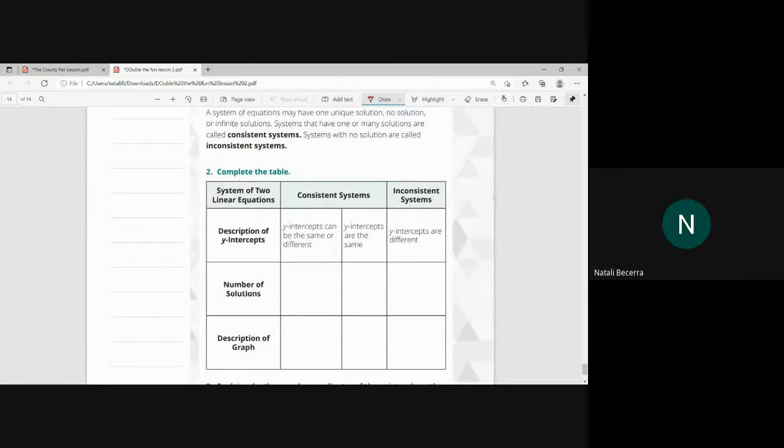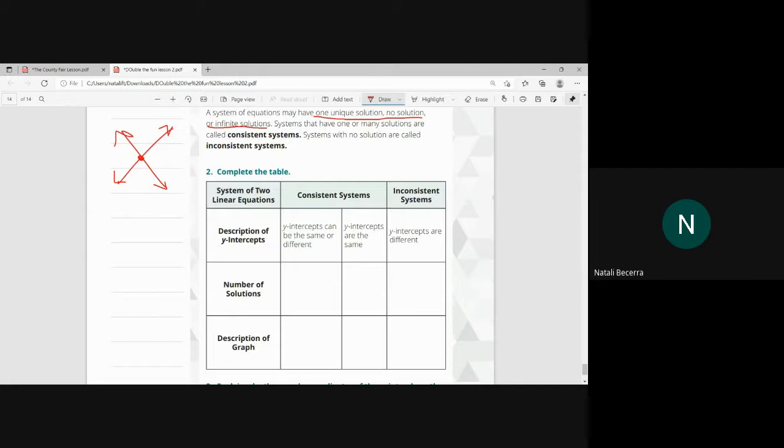It says a system of equations may have one unique solution. So this is really important. These are three different types of solutions that they can have. Okay, so you get one unique solution, no solution, or infinite solutions. So one unique solution is whenever they intersect, and that's one solution.